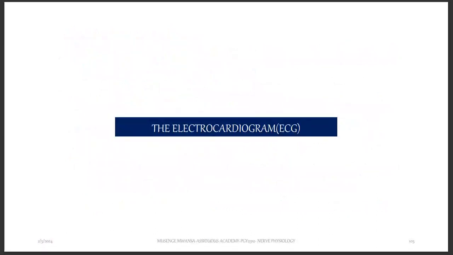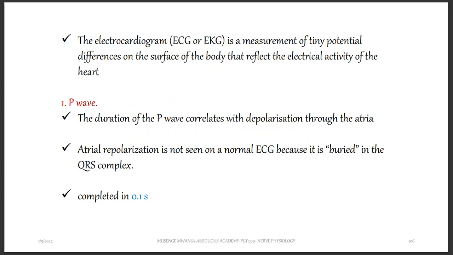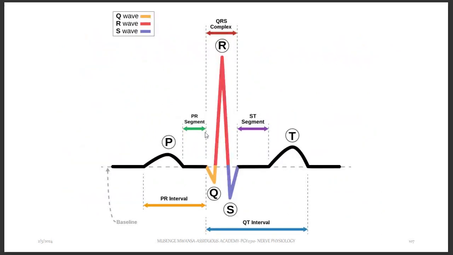And now the electrical activity of the heart, the ECGs. On the ECG, we are going to have a P wave. A P wave is just the duration when there is depolarization of the atria.